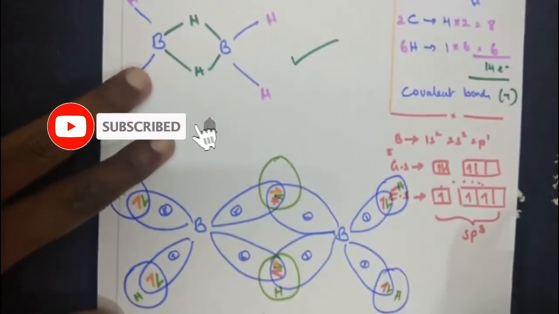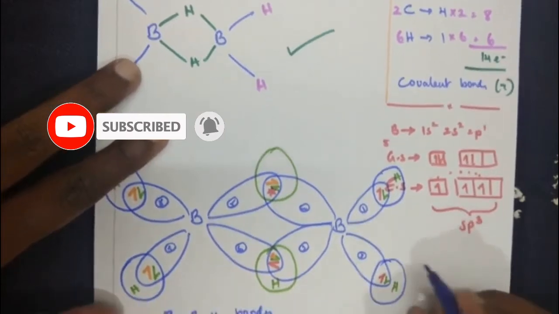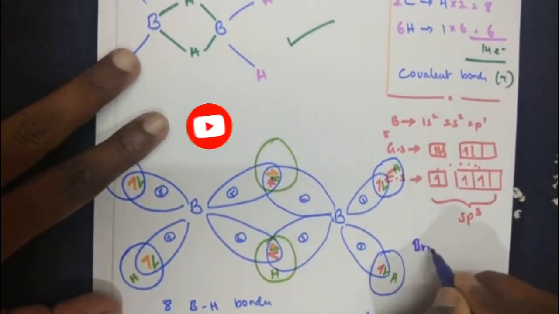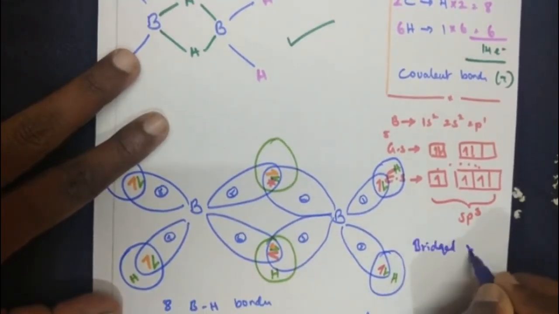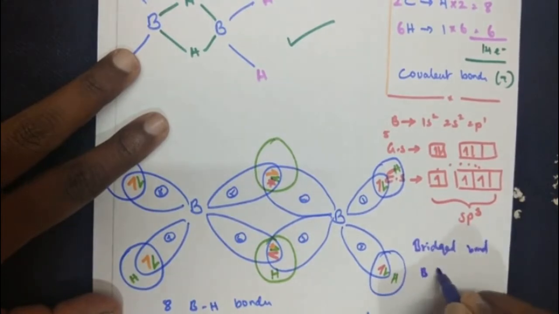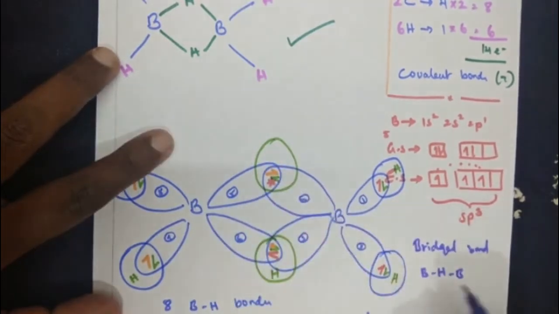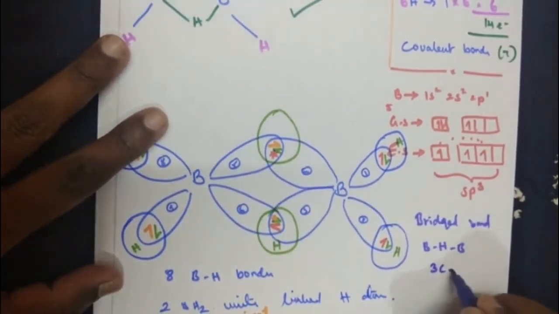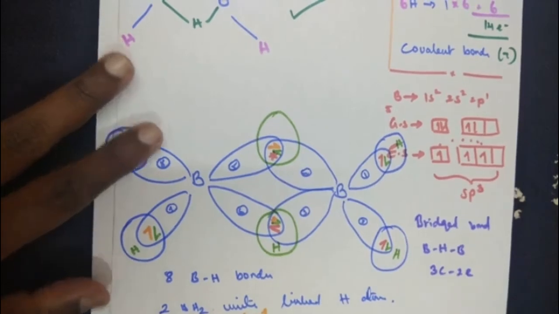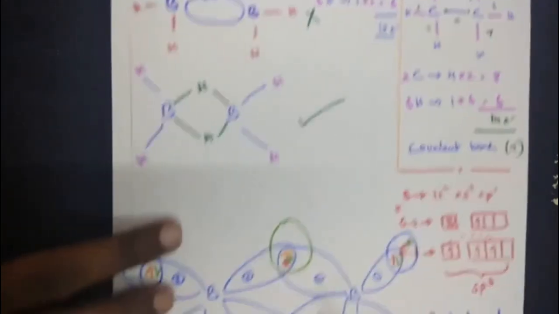The bridged bonds, the BHB bonds, are called 3-centered 2-electron bonds. How do we get a 3-centered bond here?